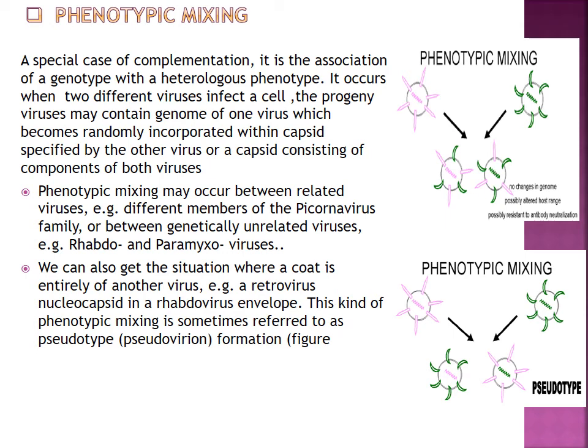Phenotypic mixing may occur between either related or unrelated viruses: between related viruses, for example different members of the Orthomyxoviridae family, or between genetically unrelated viruses, such as the rhabdo and paramyxoviruses. We can also get this situation when the genome of one virus is entirely enveloped in the coat of another virus.